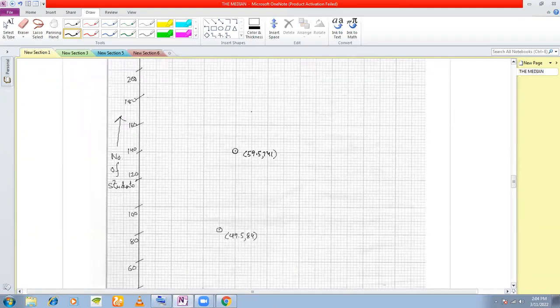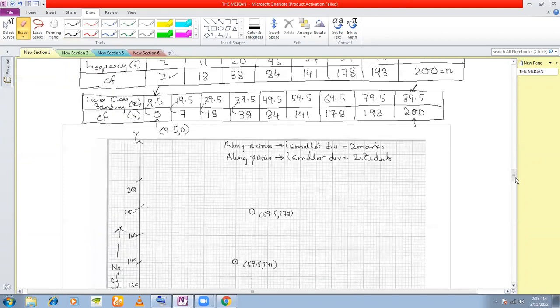So 170 is here, this point is your 170. Because one division is equal to 2 students, you have to move 4 divisions above. So this is your 178: 69.5, 178.